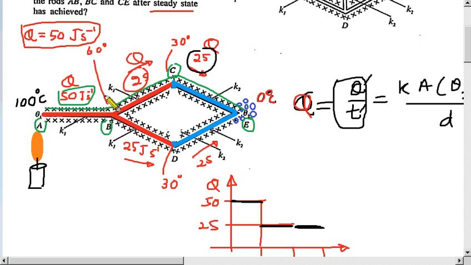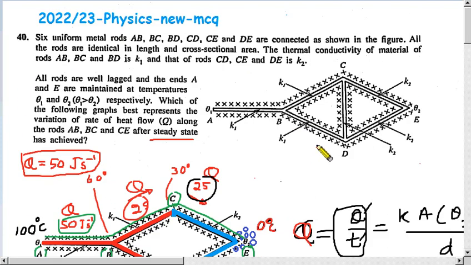Due to symmetry, the rate of heat flow must be equal in both lines, upper and lower. So therefore we could remove this rod. So the problem became simpler than the original one.